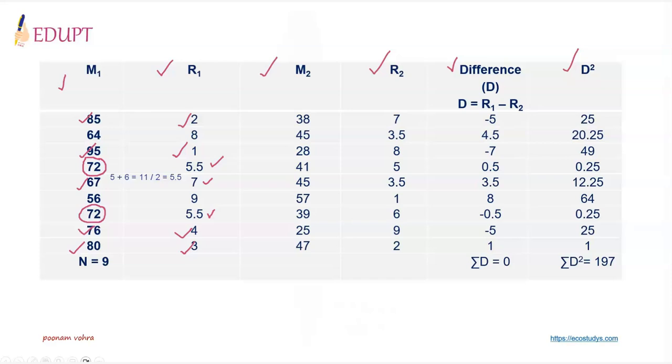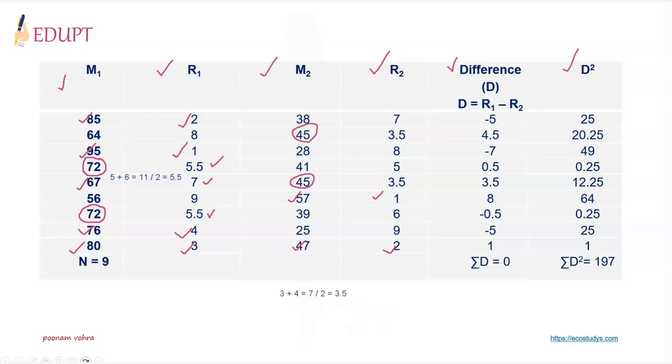Similarly, in the second series, the highest marks are given the first rank, the next lowest, 47, the second rank. Now 45 is repeated twice, which is on serial number 3 and 4.